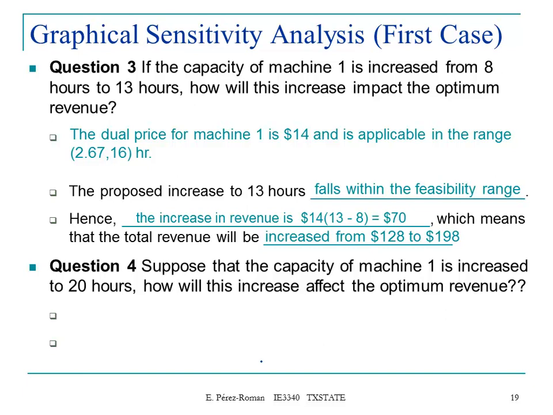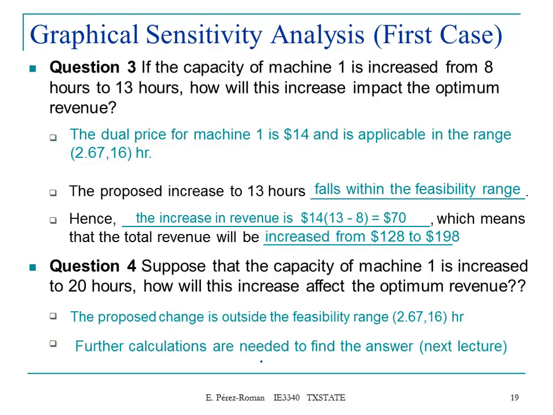Okay? Good question. The fourth question is, suppose that the capacity of machine 1 is increased to 20 hours. How will this increase affect the optimal revenue? So again, we have to refer to these bounds. So the proposed change is outside the feasibility range.